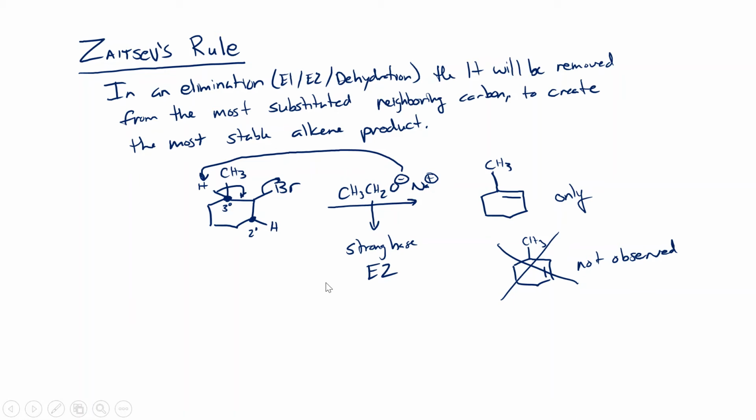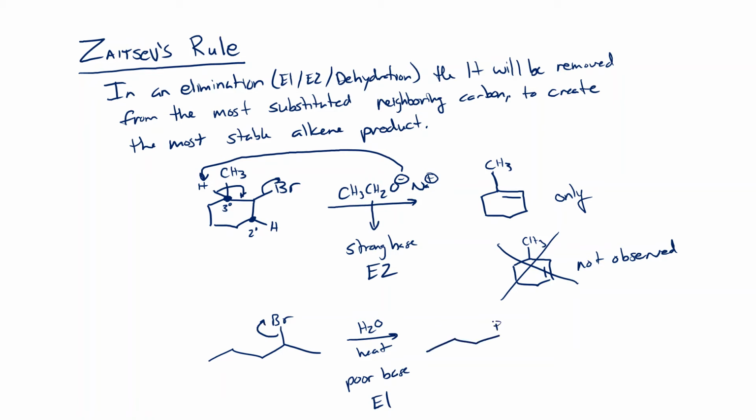It also follows for E1 eliminations, right? If we were to do an example of an E1 elimination, let's take this, and we'll just do this in water and heat, right? As we heat this up, we have a poor base, a weak base, and so this is going to be an E1 elimination. As we heat this up, the bromine will leave, we'll get a secondary carbocation, and now we have a choice.